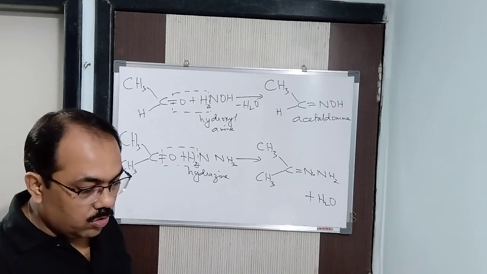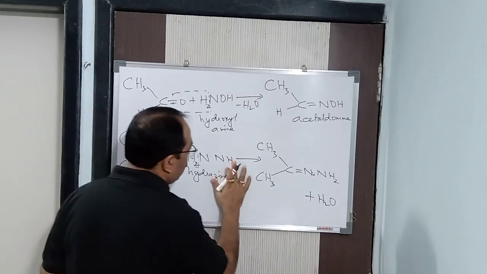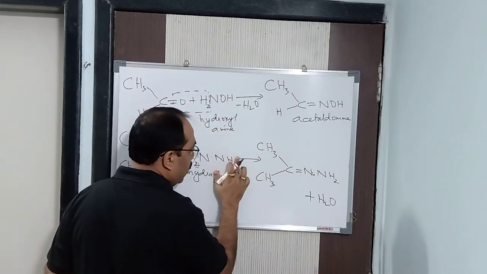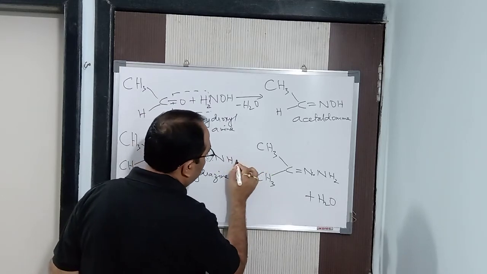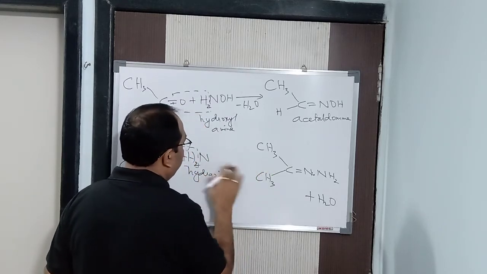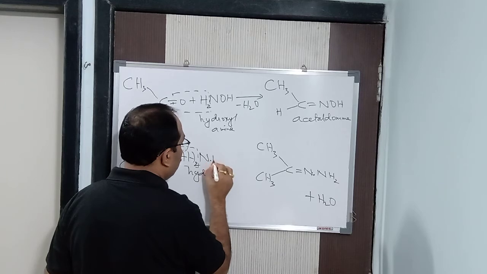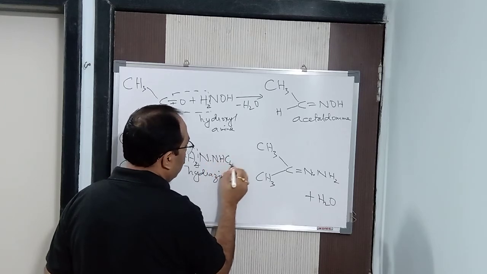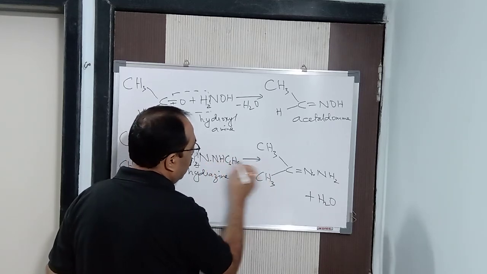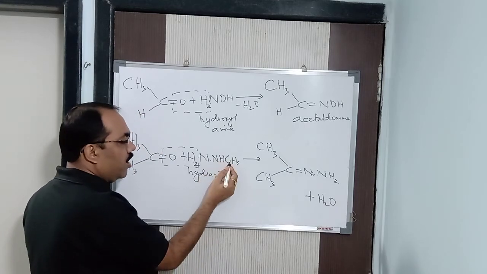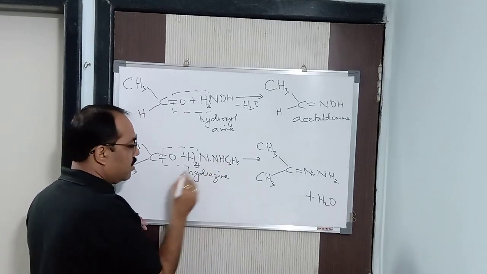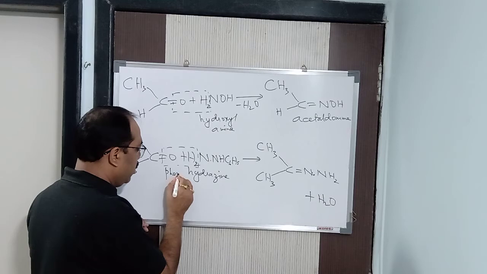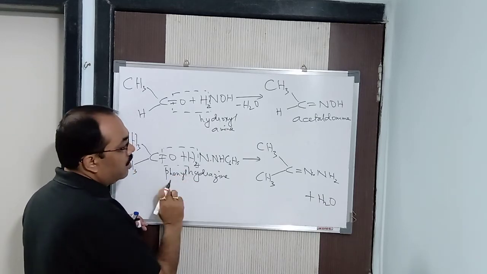Now what I have to do is that just one H I will be removing, and instead of that I will be taking here, let me make it a little bit shorter, NHC6H5. See here. Instead of one hydrogen, I have put here C6H5. So what is the name of this reactant? Phenylhydrazine.